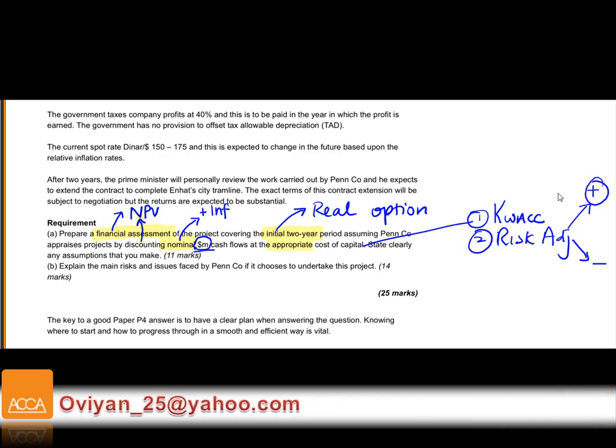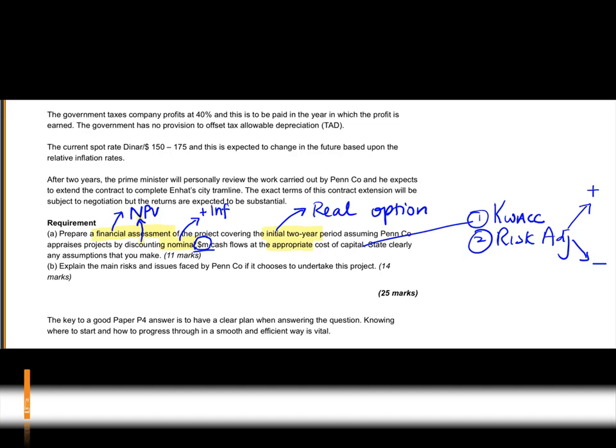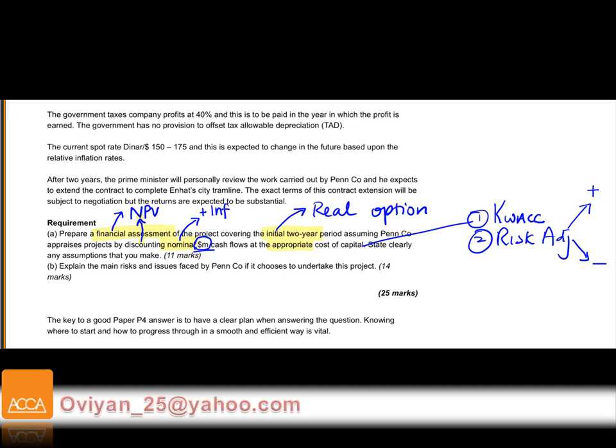Now, when will it go up? When you are going into riskier countries, when you're going to very high political risk countries, countries with weak economic policy. All these things affect your risk adjusted WACC, and you're probably going to do some adjustment upwards.